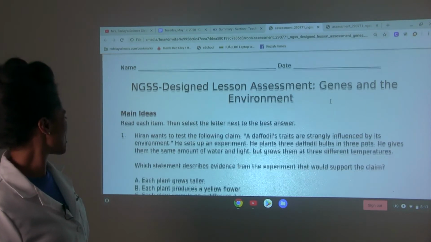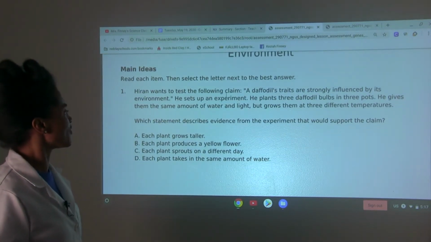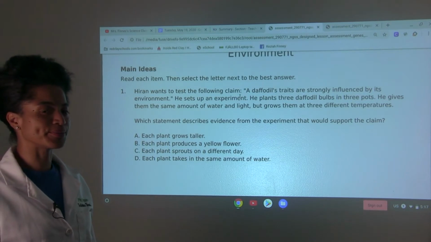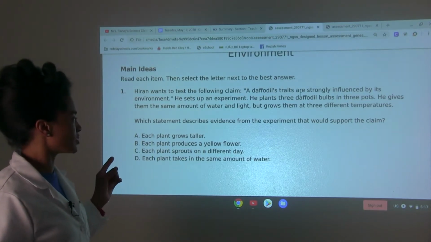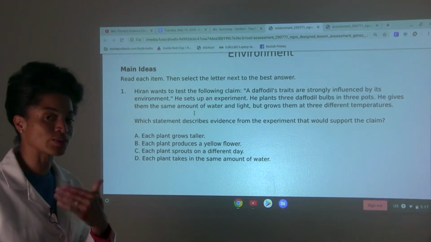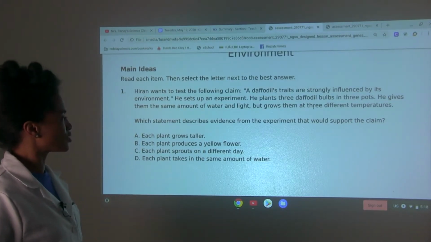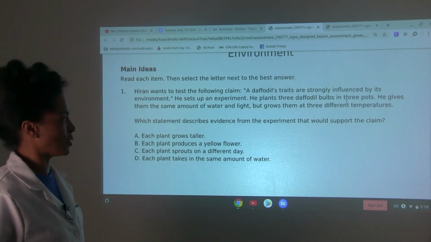All right, so number 1 says Huron wants to test the following claim. A daffodil's traits are strongly influenced by its environment. That's the claim. He wants to test it. He sets up an experiment. He plants 3 daffodil bulbs in 3 pots.